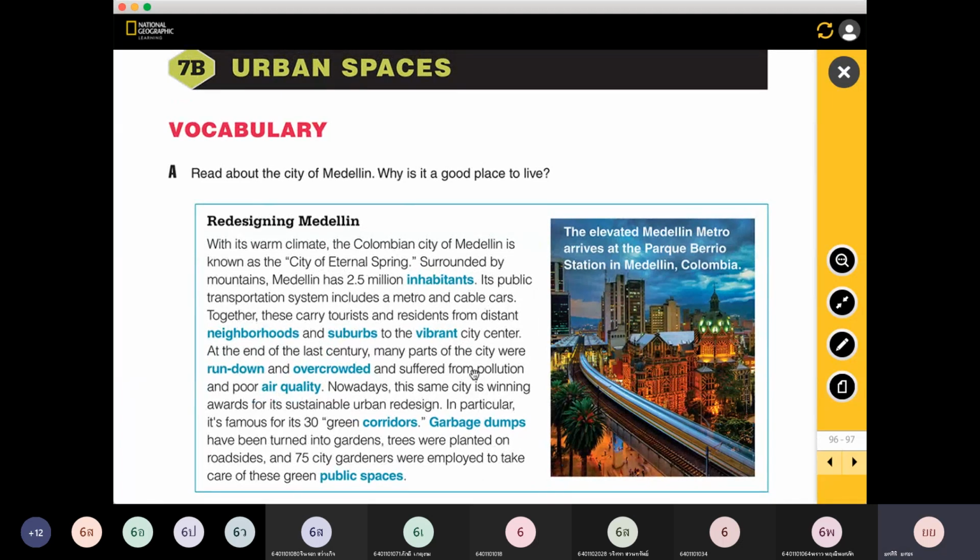And as you can see, we have two different sides of the city.